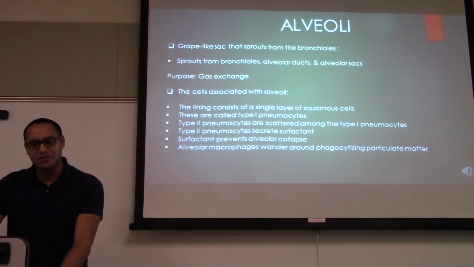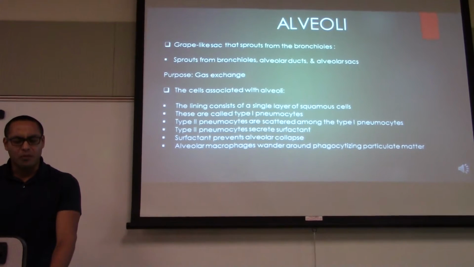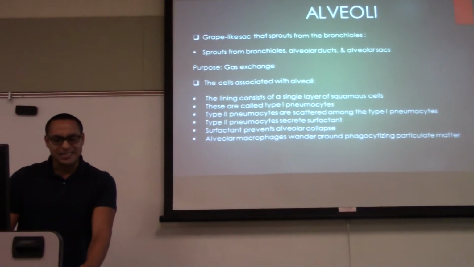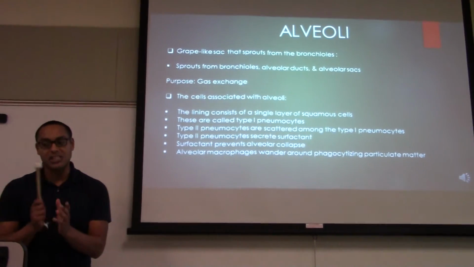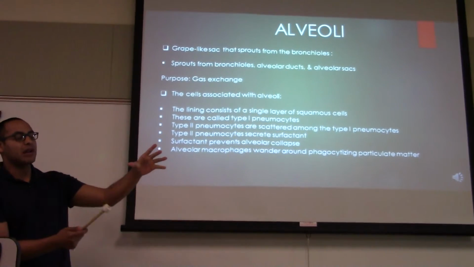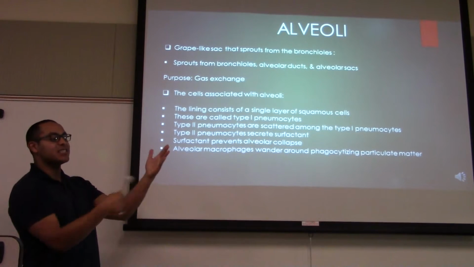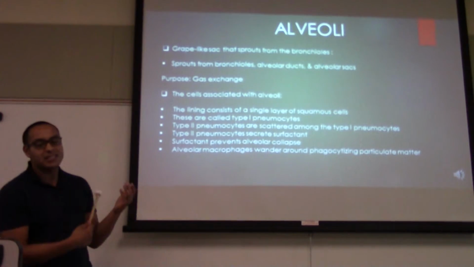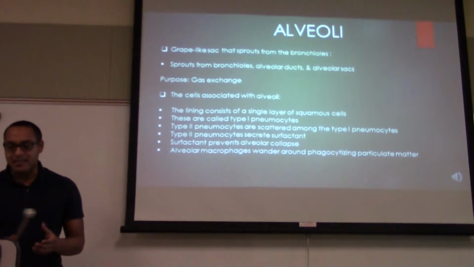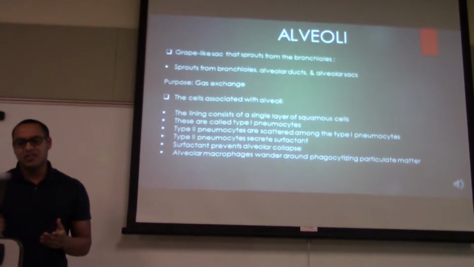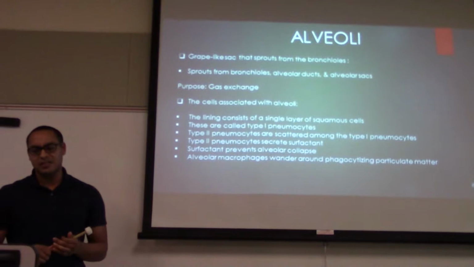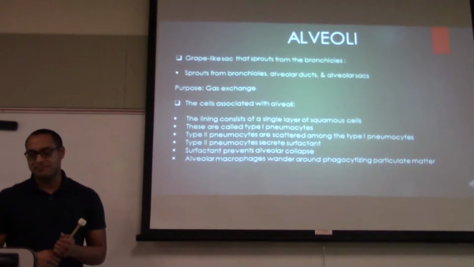All right. The cells associated with the alveoli. Well, the lining consists of a single layer of simple squamous cells. Why a single layer in the alveoli? Because you want oxygen and carbon dioxide to go through easily. You don't want stratified, nothing like that. And there's type 1 cells. Type 2 cells secrete surfactant.